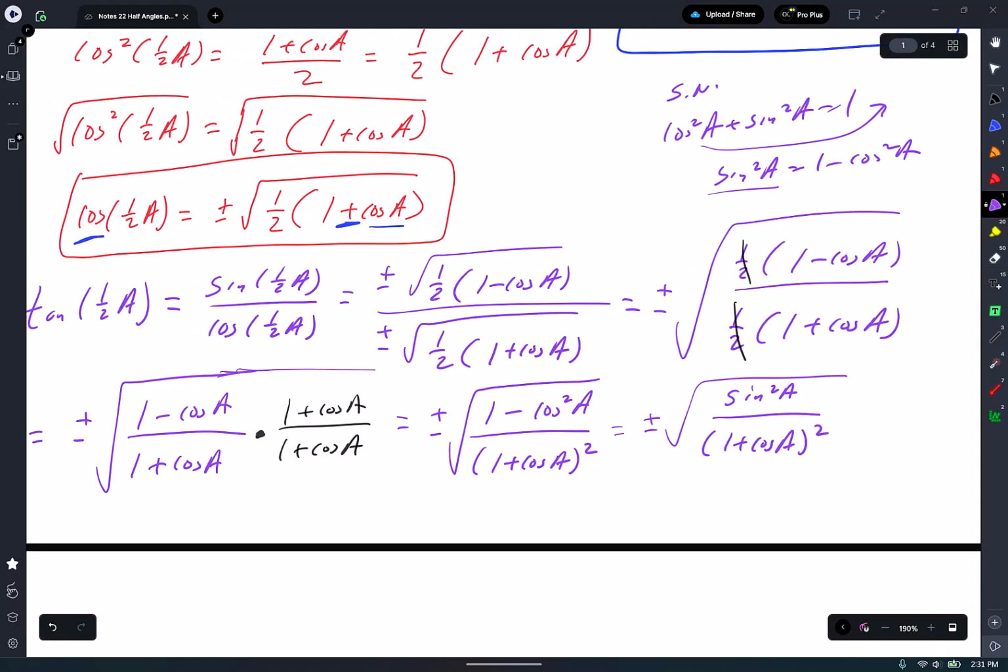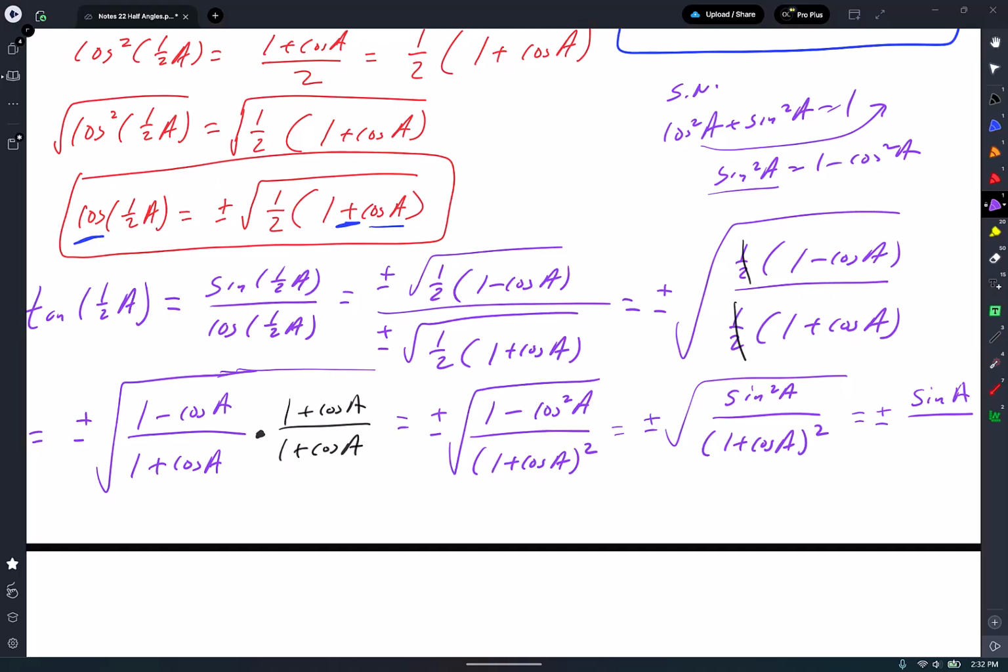All right, equals. And really it should be plus minus there, but the notes, the formula doesn't have it in there. Plus minus. What's the square root of sine squared? Not everyone at the same time. If I square root sine squared, the square and square root are going to cancel out. So I have sine a in the top. And in the bottom, I have 1 plus cosine a, and the whole shebang is being squared.